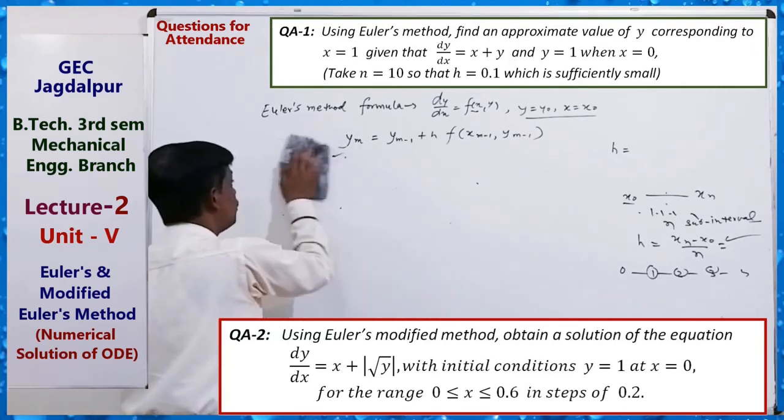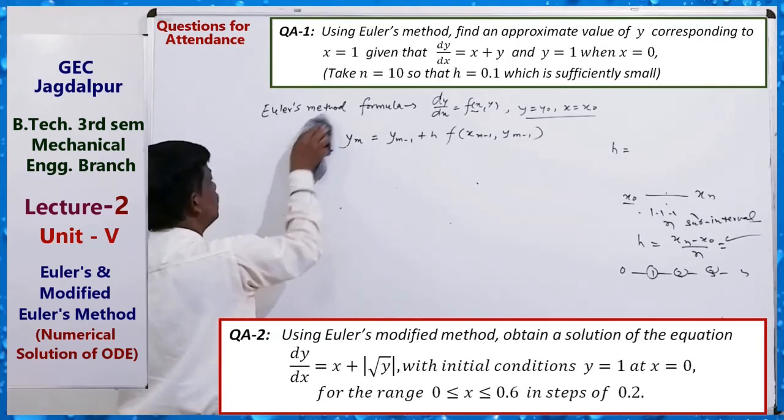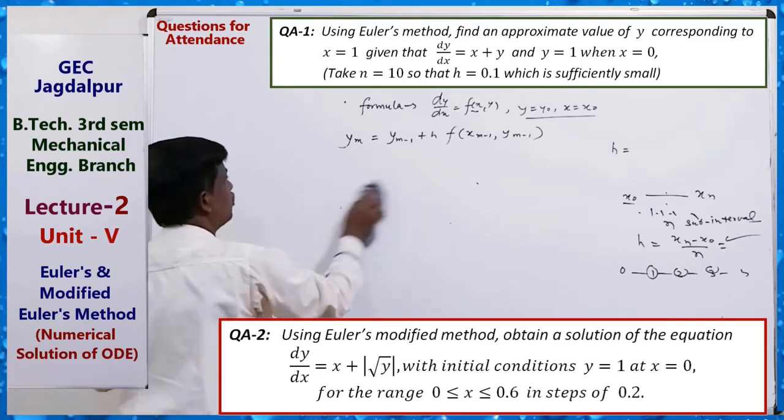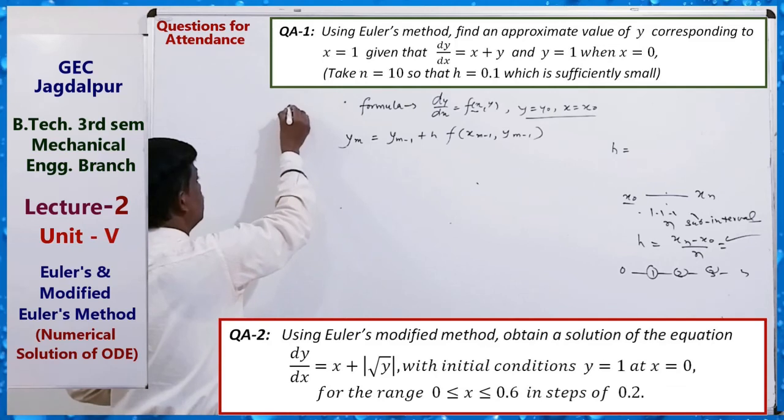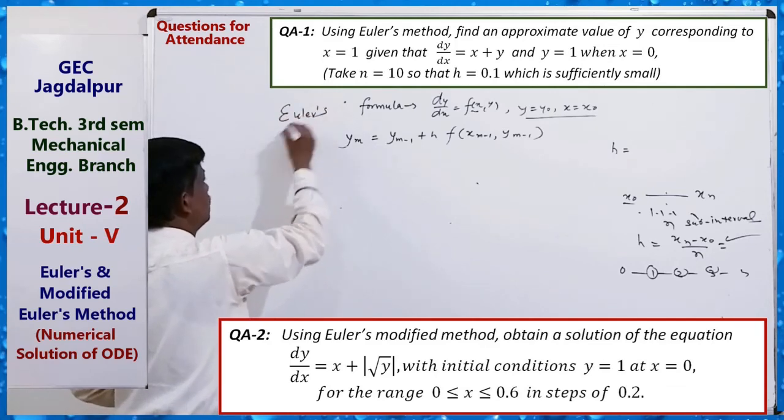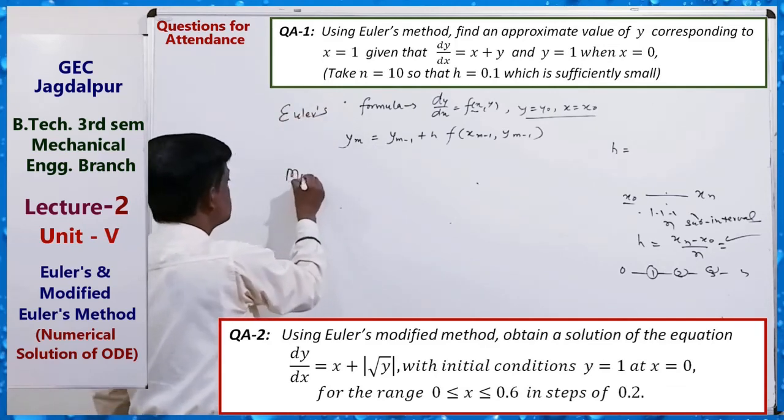Now Euler's modified formula. This is Euler's formula, and this is the modified Euler's formula.